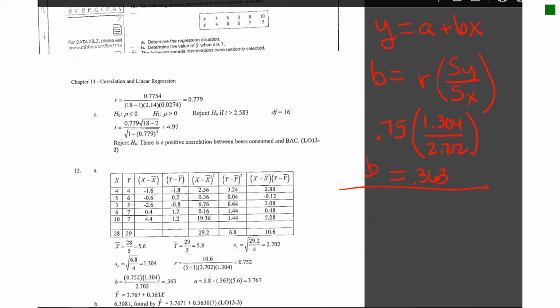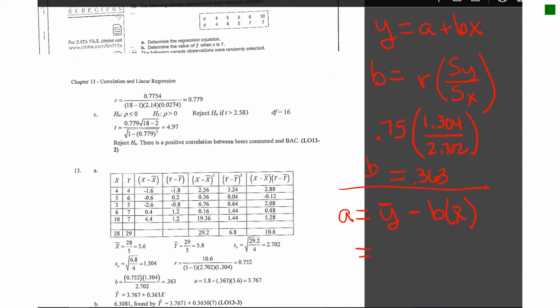Now, once you have that, you can solve for what they call your y-intercept, which is represented by the letter a. The formula is you take y bar minus the slope multiplied by x bar. That's the formula to get the y-intercept.